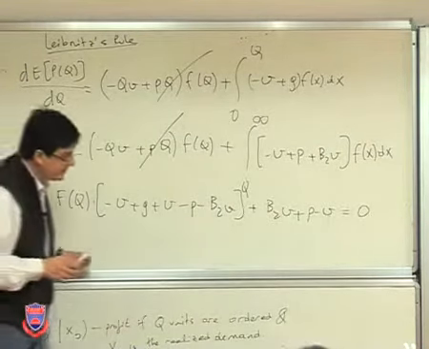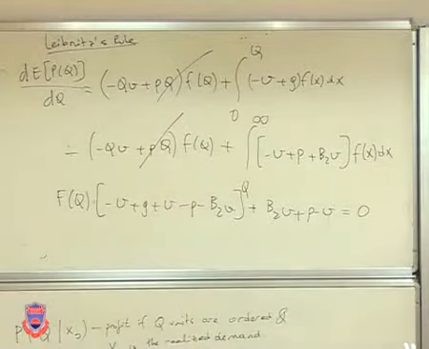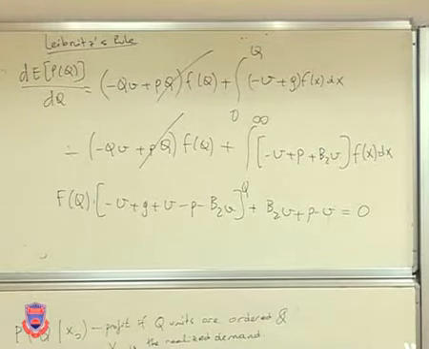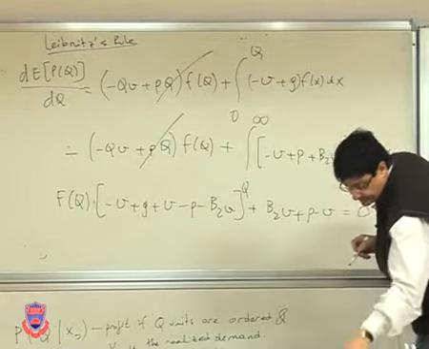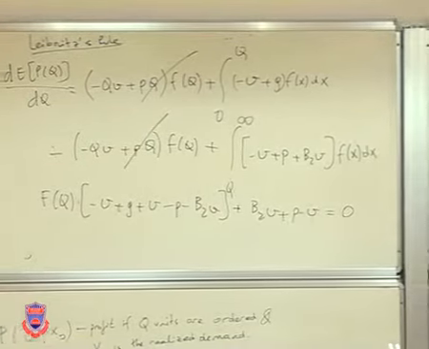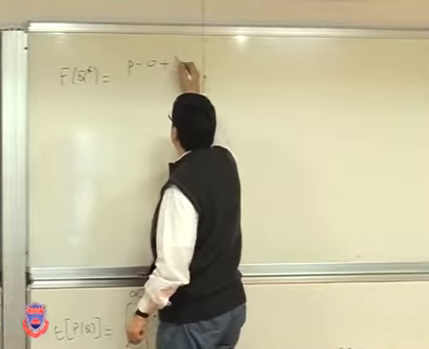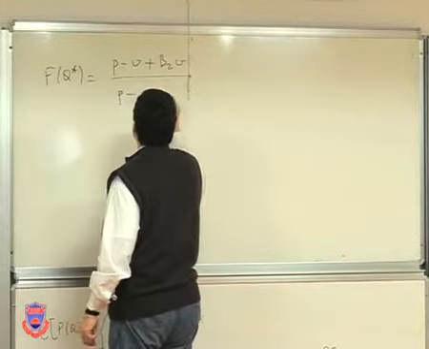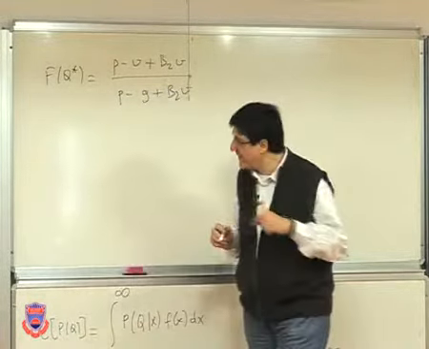So from here, I can write the optimal solution, which is f of q optimal is equal to (p minus v plus b to v) divided by (p minus g plus b to v).